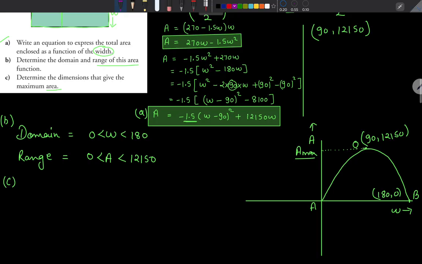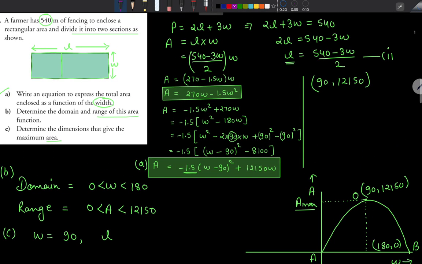Determine the dimensions that give the maximum area. For the maximum area, the width is already 90. We just need to calculate the length. For the length we can use our previous expression given in equation 1.